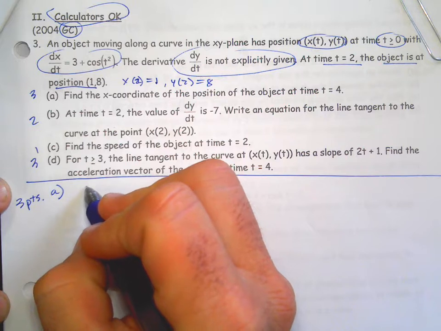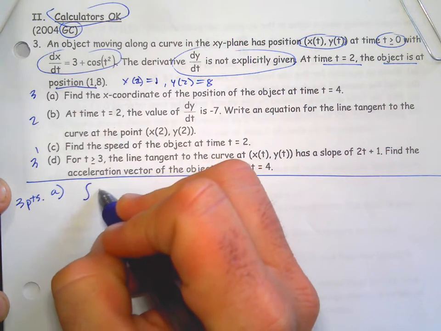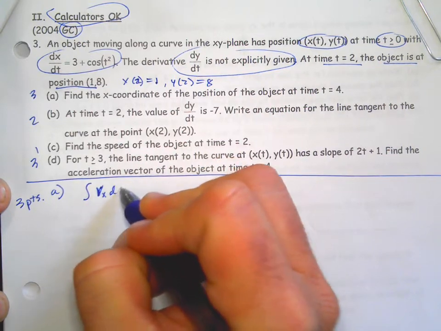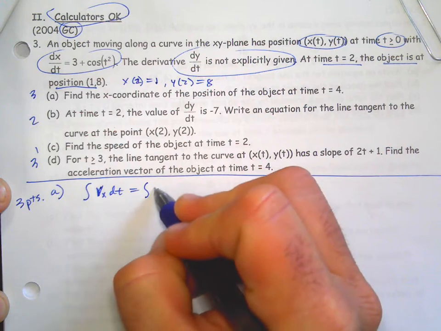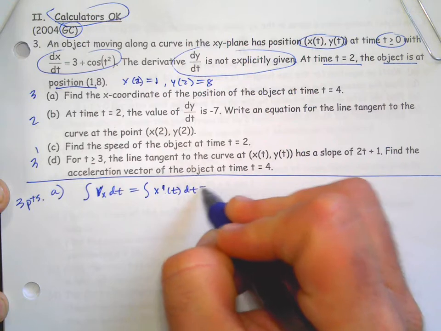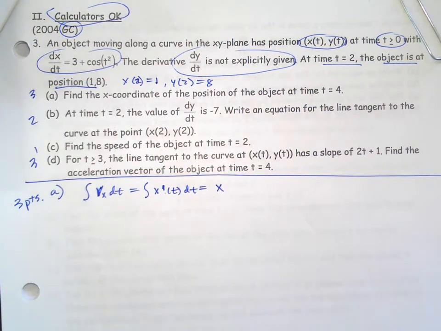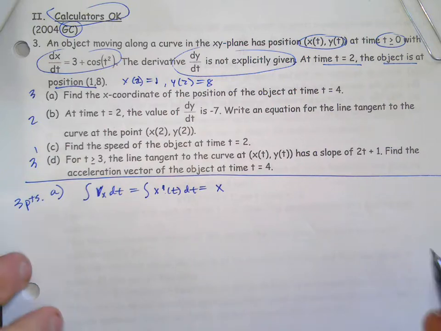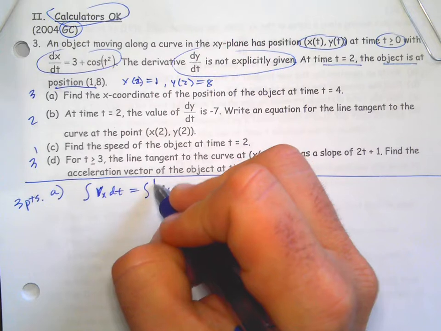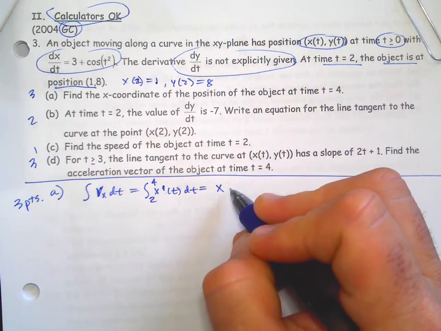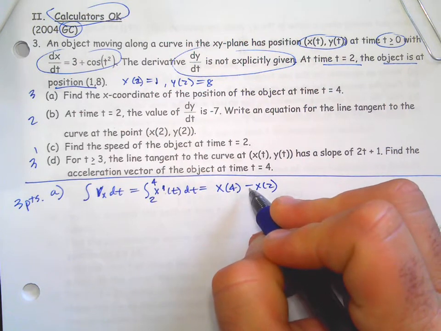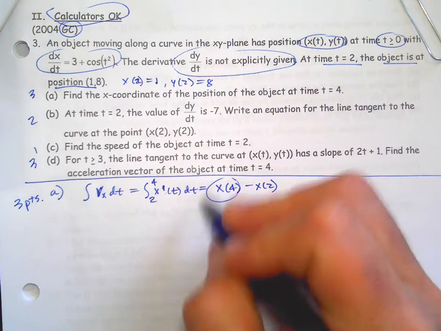So we have to integrate Vx, which is x prime, and that gives you x. But we're going to use the time we want, 4, and the time we know, 2, to help us. So that's going to give you x(4) minus x(2), and this is what we want, the position at time 4.